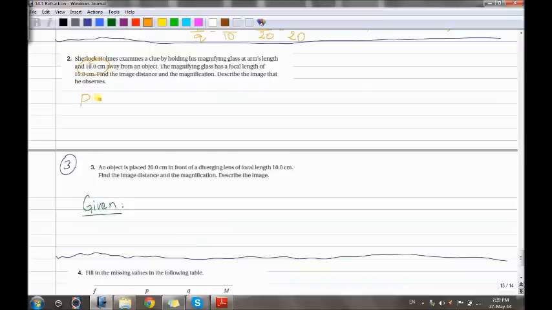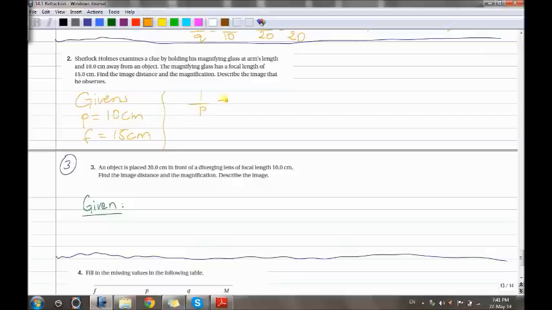P here, sorry. So the givens here are P equals 10, and then the focal length, which is 15 centimeters.